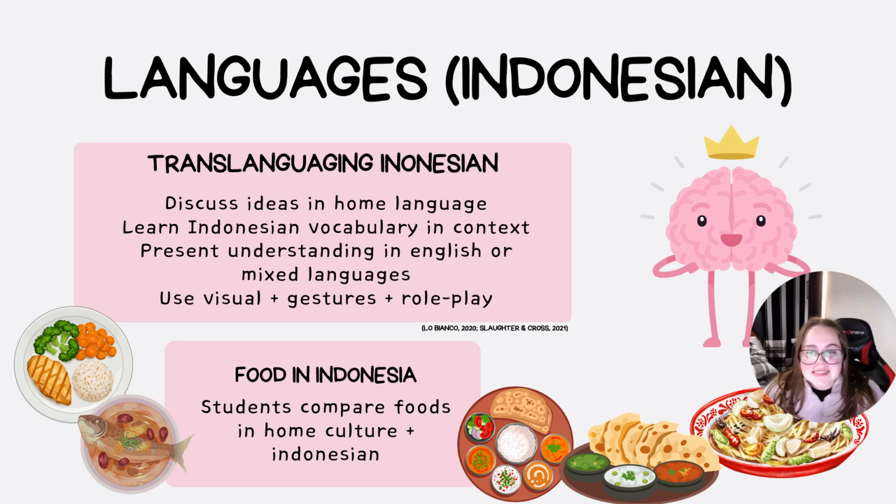I would employ a translanguaging strategy in Indonesian language instruction that incorporates students' native tongues, English and Indonesian. For instance, students might first discuss concepts in either their native tongue or English, depending on their preference, when learning about Indonesian cuisine and culture. After that, they would study important Indonesian terms associated with the subject, such as makan, to eat, makanan, which is food, enak, which is delicious, and key foods such as nasi, which is rice, mie, which is noodles, ayam, which is chicken, and ikan, which is fish.